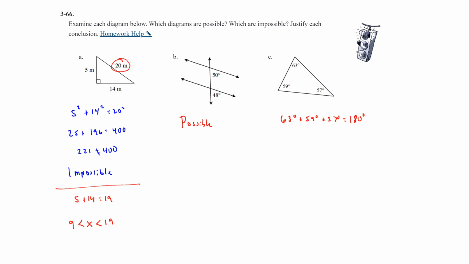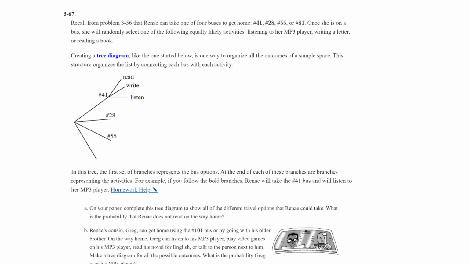And so let's add those up, and we get 179 degrees. Even though it's close, it's not exact. So once again, this one is impossible. And on Part B, you might want to justify your conclusion. I didn't write it down, but I did talk about it, indicating that the lines would have to be parallel for those corresponding angles to be equal.